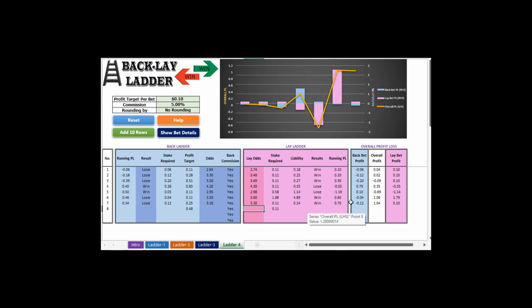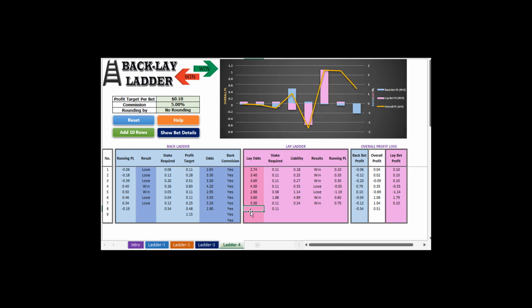So we can see our orange line goes down and back up. This is the profit line, dropped off a little bit now. Let's say we just put in here a short price one, 1.9.